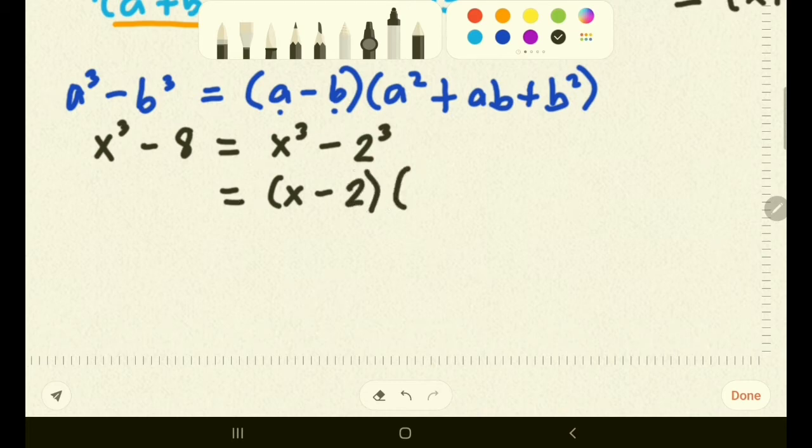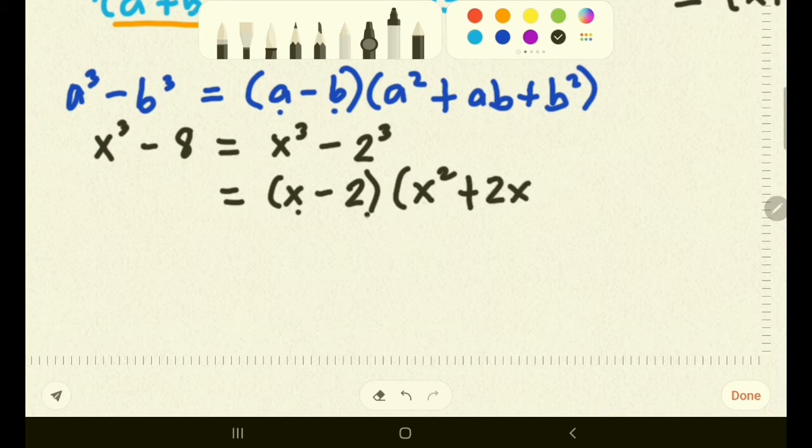So for the binomial factor, you have x minus the base of 2 cubed, that is 2. And then from your binomial factor, you get your trinomial factor. So square the first term of the binomial factor, so x squared. And then plus, multiply the two terms, 2 times x, or x times 2, that is just 2x.